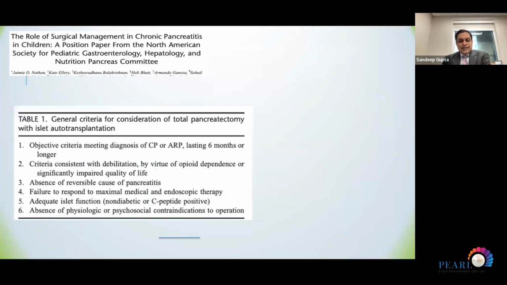They give a nice table on criteria to be considered when considering TPIAT in children.